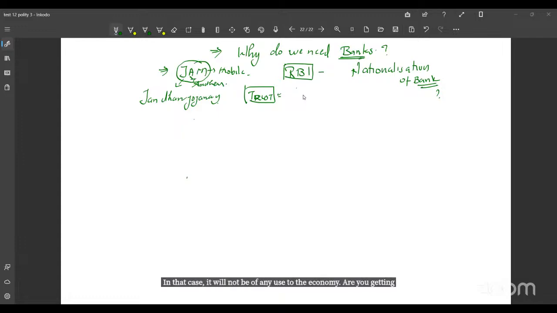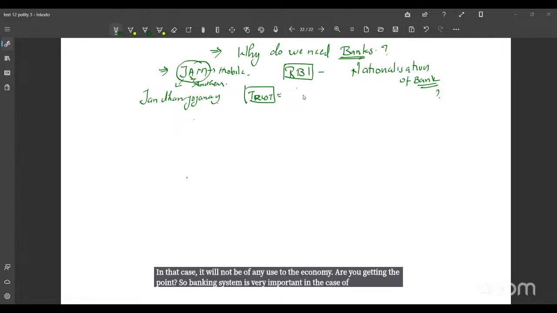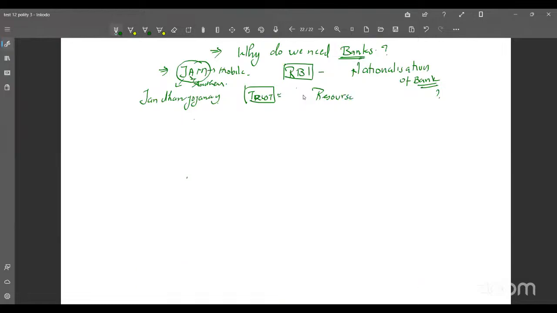So the banking system is very important in the case of resource mobilization.